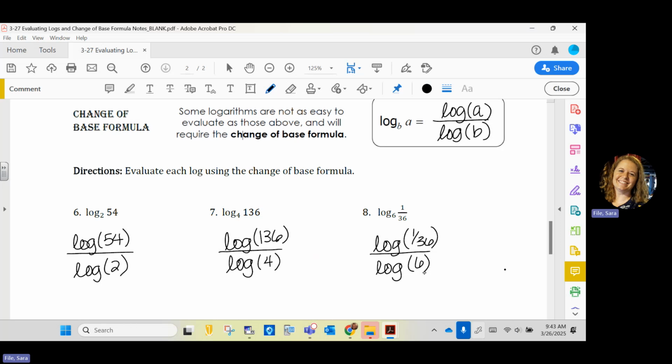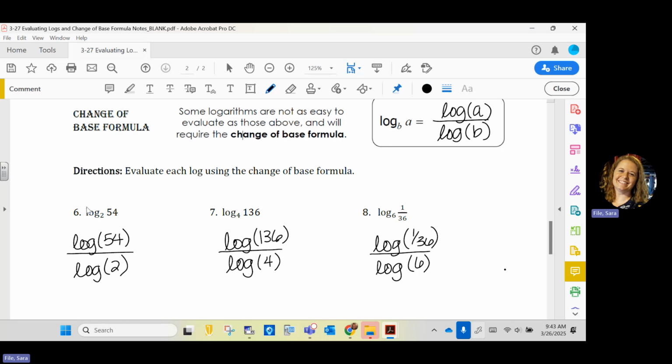Now, with the advancement of our technology and how we have Desmos and we're able to put in log bases, and TI calculators, the handheld graphing calculators have advanced, and they allow you to put in base values other than 10. Change of base formula is really not as pertinent as it used to be for calculating, because the calculators now will let you type in a base other than 10.